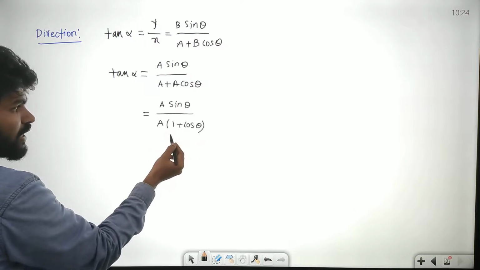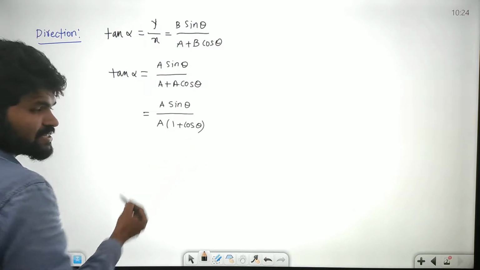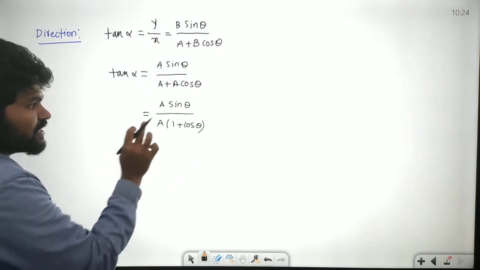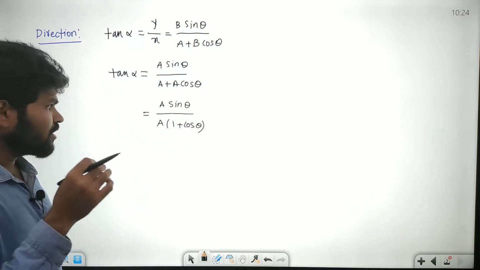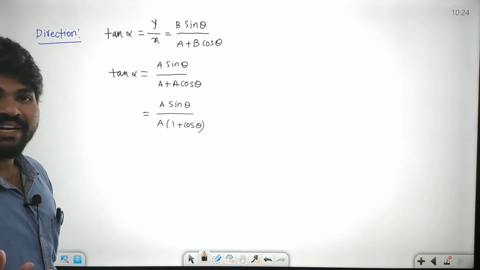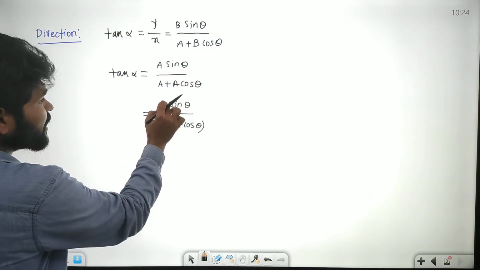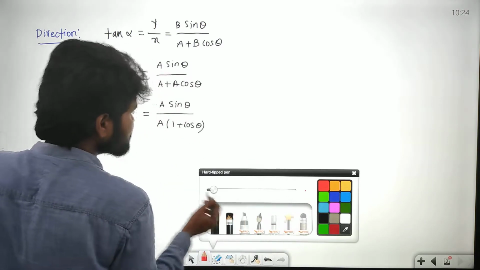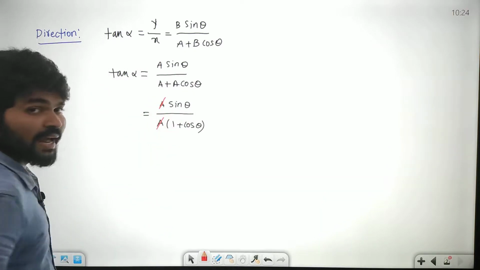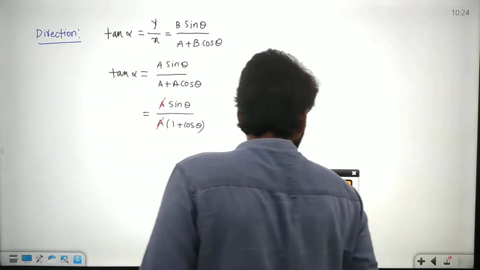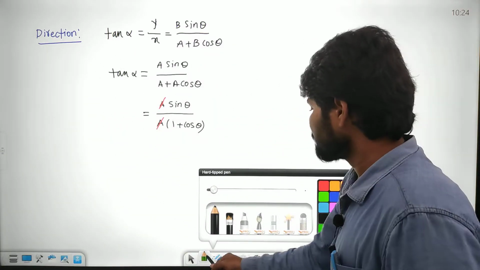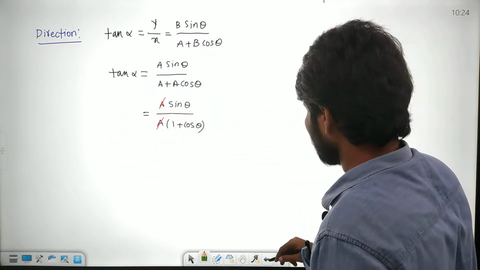Again we encounter 1 plus cos theta. I said this will repeat, and this function comes very regularly in our complete discussion, right? See, a is going to cancel. So now how can I write 1 plus cos theta?